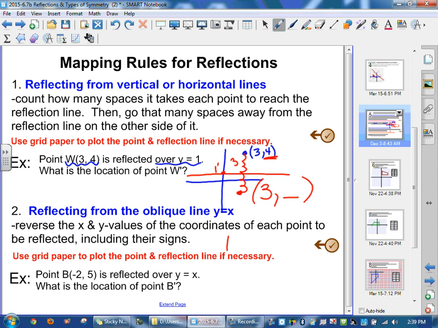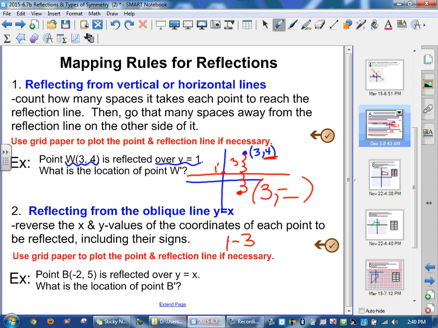No, the digits of 4. My 4 is how many spaces away from the 1? 3 spaces away from the 1. Okay, that's what we're doing. How many spaces is 4 away from 1? It's 3 spaces away. So now I've got to go 3 spaces away the other way. So I need to take 1 and subtract 3. Where do I end up? -2. That's where that number ends up.